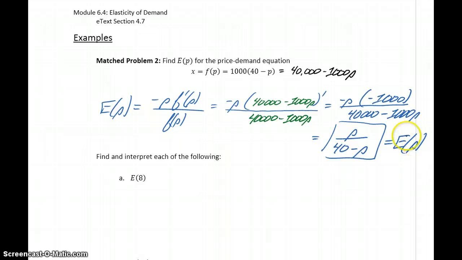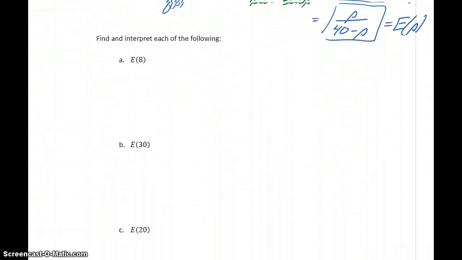We can substitute in different values for p, where again p relates to the price we're going to charge for some item, get that value for the elasticity, classify it as inelastic, elastic, or unit elasticity, and provide some interpretation for what that means. So to evaluate E of 8, we would just plug in 8 for our price point here.